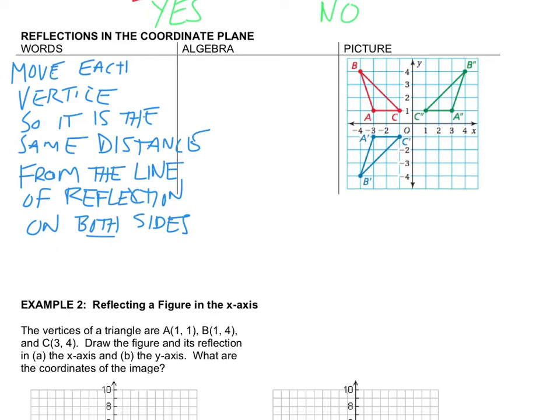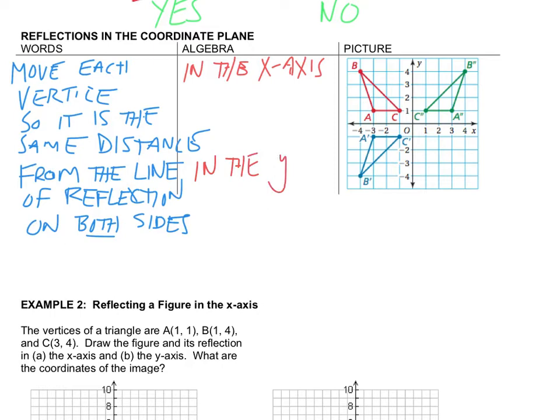When we talk about how we move these things, we talk about moving them in the x-axis, which basically means that the x-axis is our line of reflection. So remember, this would be our x-axis. So if I reflect it in the x-axis, I'd be flipping a shape from, for example, here over the x-axis down.